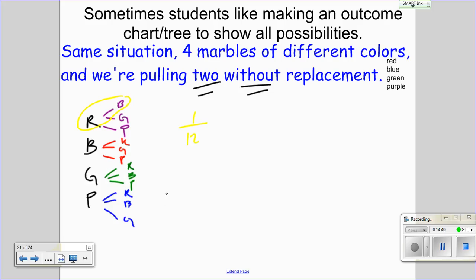That's without replacement. And we just calculated that. So you can use a tree. It just takes a little longer, as you see, to develop the tree and then figure out the probability. Okay? And that's without replacement.